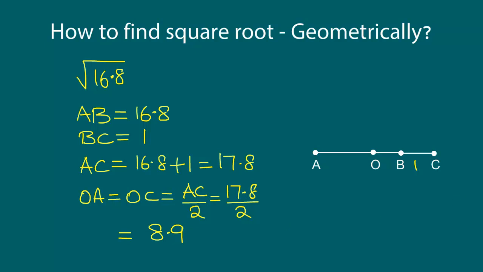So now we are going to draw a semicircle that will look something like this. After that, we are going to draw a line perpendicular to AC passing through B, and that line will intersect or cut the semicircle. Let's call it point D. And then the length BD will be square root of 16.8.